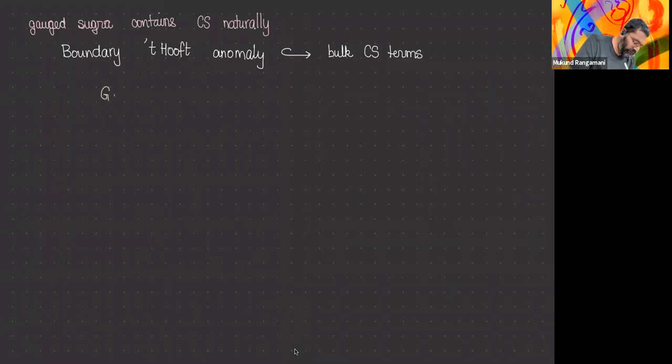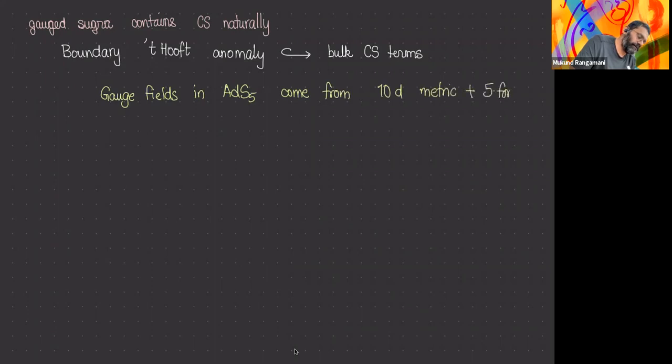The gauge fields in AdS5, let's say, come from the 10D metric and the 5-form, and correspond to KK modes going around the sphere, rotating around the sphere.